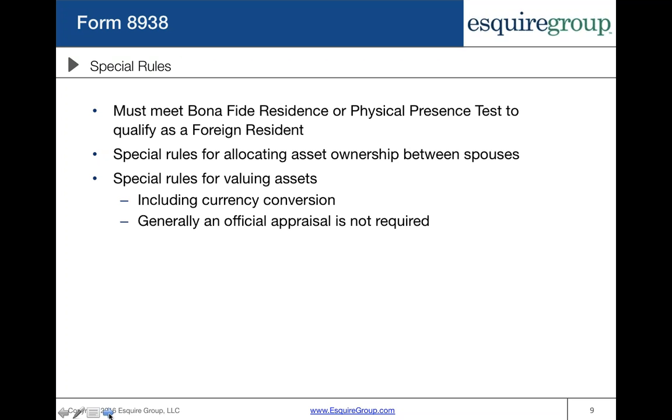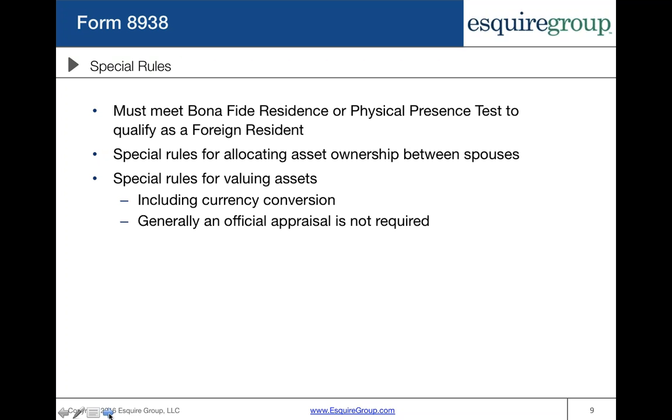And if you were present in a foreign country for 330 days or more, then you would qualify for the physical presence test and those higher reporting thresholds. If not, then the lower thresholds would apply to you.